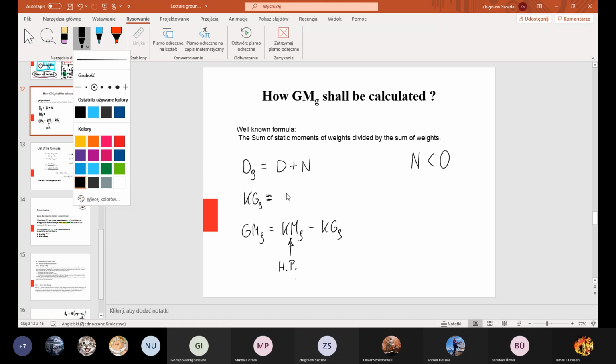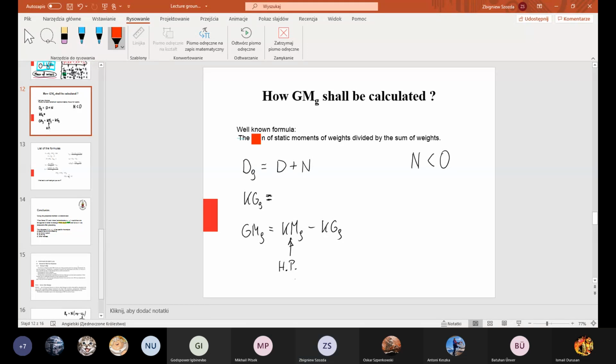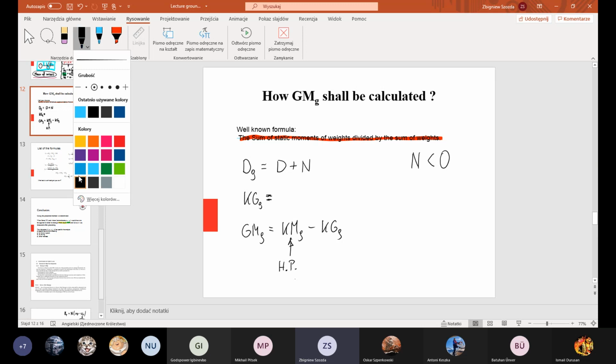Who will develop the formula for calculations of the vertical position of the center of gravity after grounding? I'm waiting for your proposals. The sum of static moments shall be divided by the sum of weights.